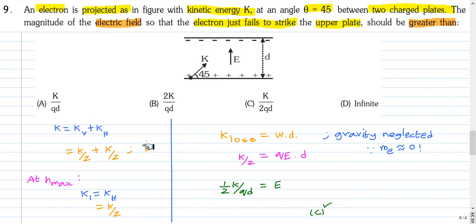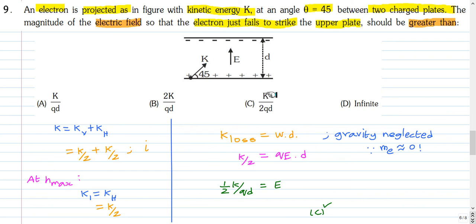This is the initial condition. At the maximum height point, the kinetic energy, so this electron will move like this. At this maximum height point, the electric field should be minimum, so the maximum height point should correspond to the point where it touches the plate.